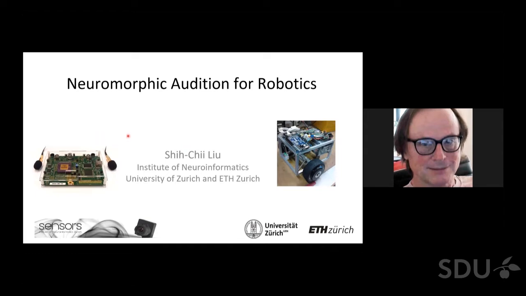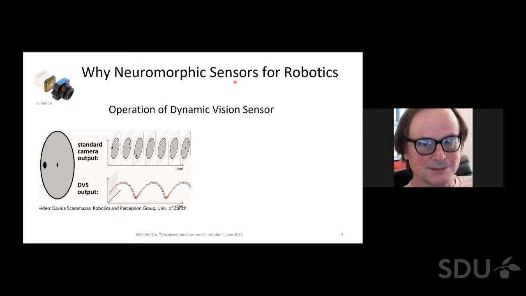So anyway, this is the dynamic audio sensor that I'll be talking about today, along with a particular robotic platform. But the first thing is, why do we use neuromorphic sensors for robotics? Most of you probably know about the dynamic vision sensor, where the camera responds to local temporal contrast changes.